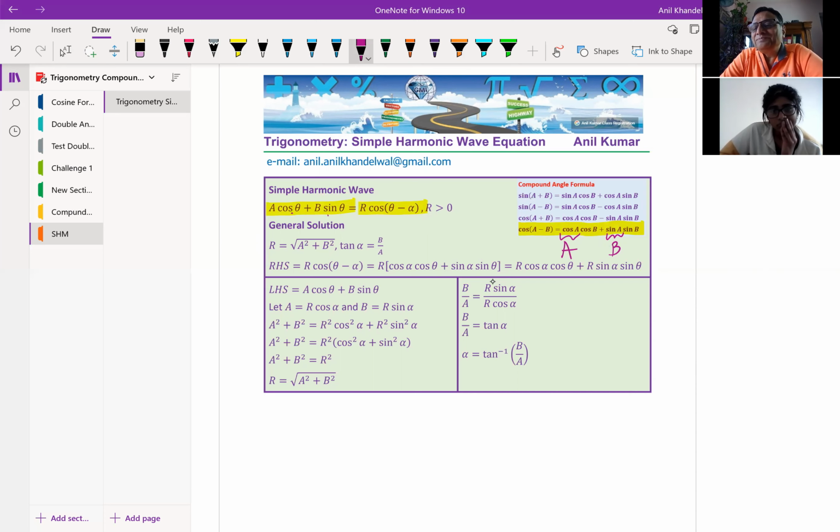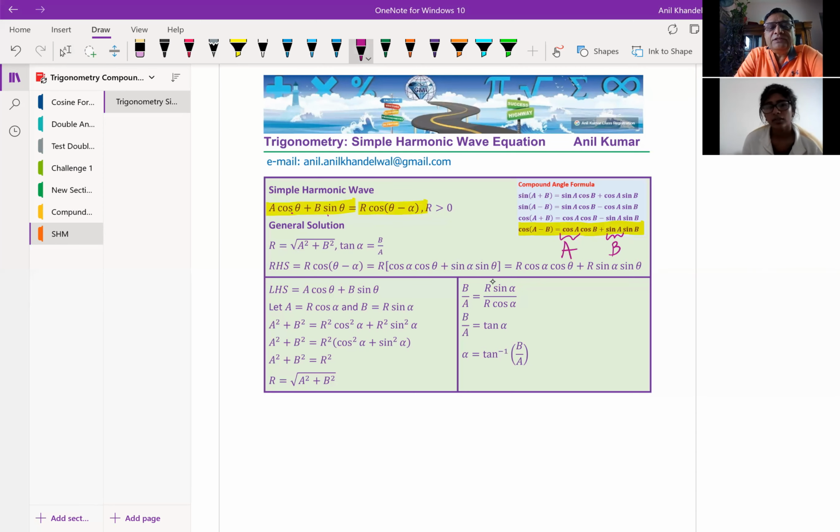Do you see that? Very simple. So that means I could substitute A as cos A and B as sin A. Correct? That's what I did.